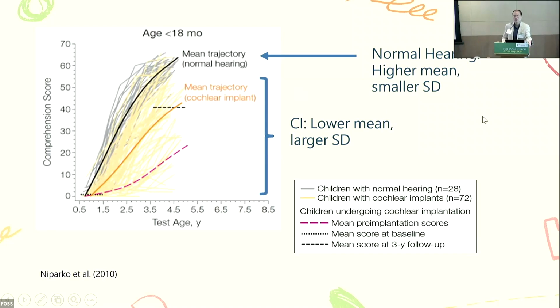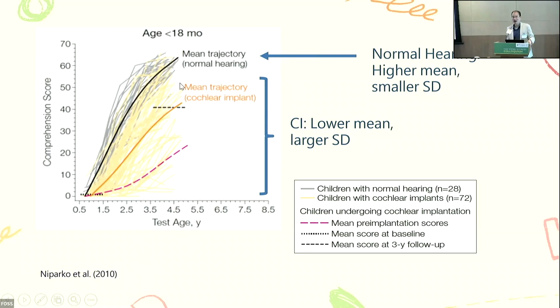Now when you look at a graph like this, this is from Naparko, I can't remember, published in Lancet, I think. For my own research interests, it's not only the average that I'm interested in. I'm interested in individual differences.